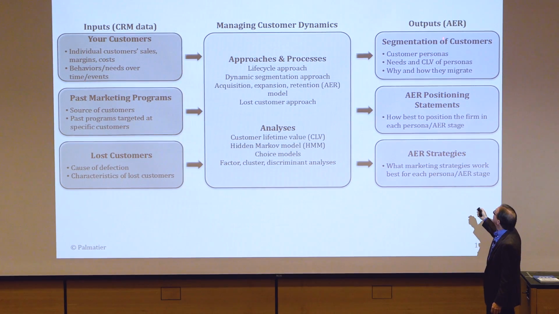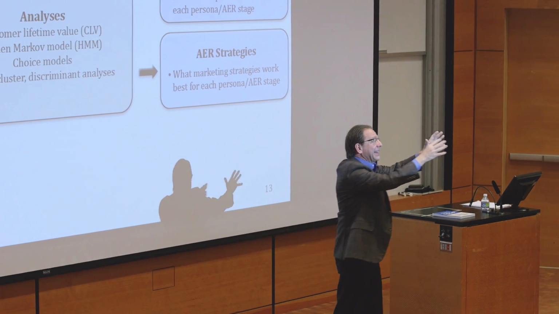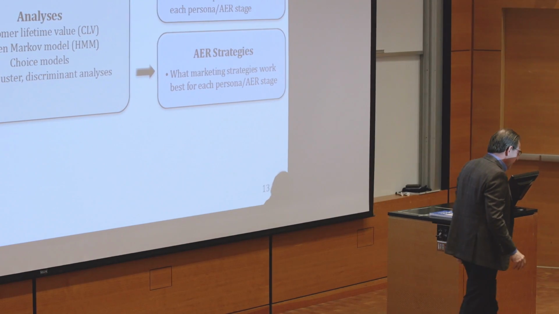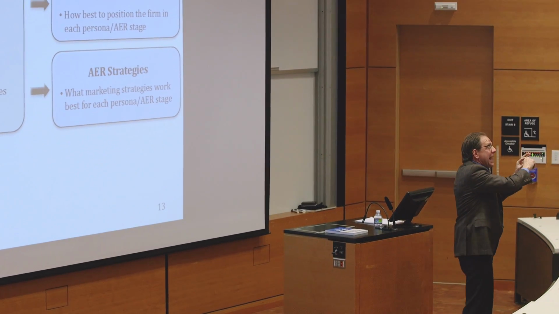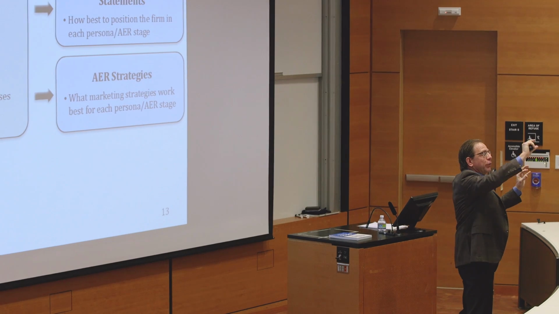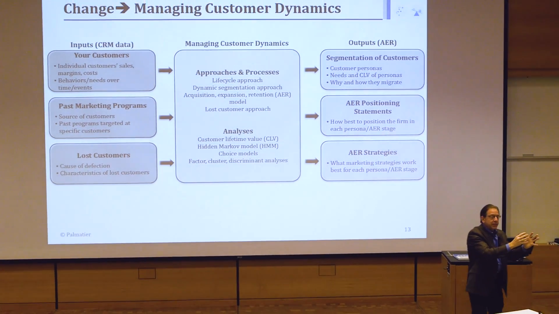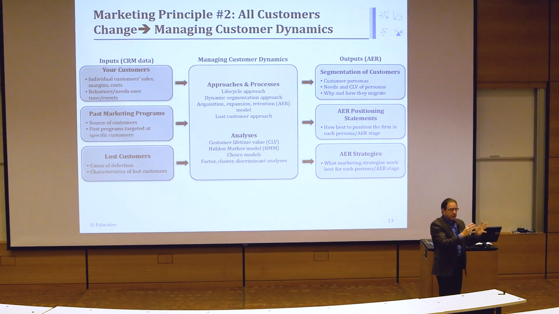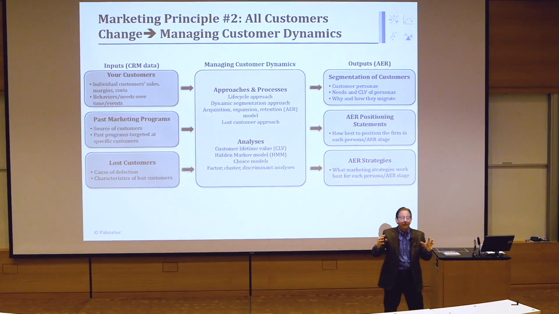Segmentation of customers, and this is the outcomes of, if you will, AIR. First, Market Principle 1 segments the whole market. Let's say we decided to go after the sports car. Market Principle 2 now focuses on the sports car, and we understand their dynamics as they go through the life. When they first buy, we'll pick on a BMW. They first buy a BMW, what do they want? Maybe it's a 3 Series, and then over a number of years, they get a little bigger, maybe they go to a 5 Series.